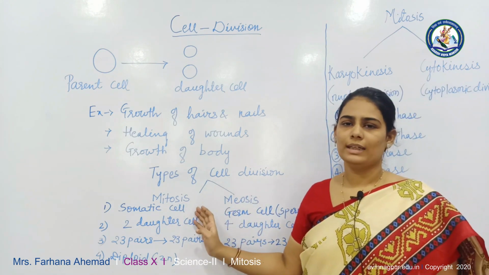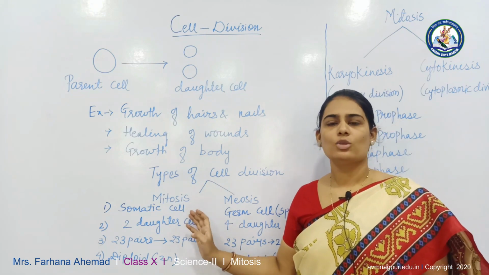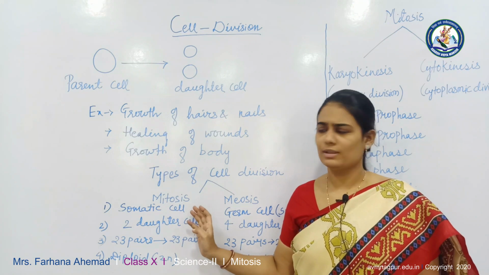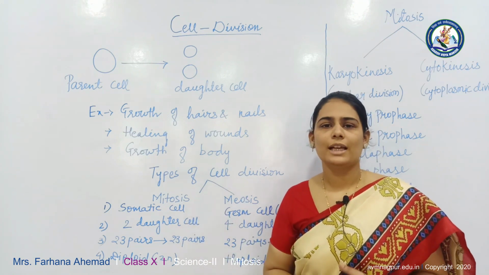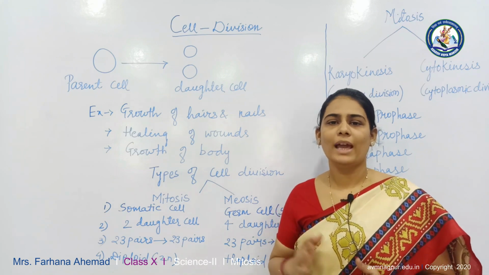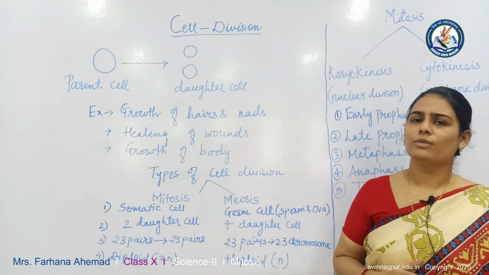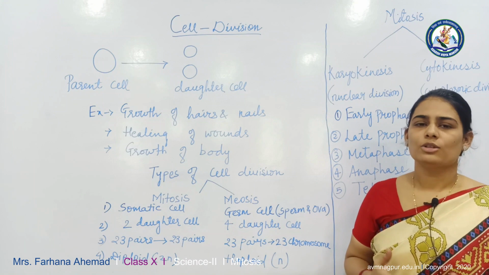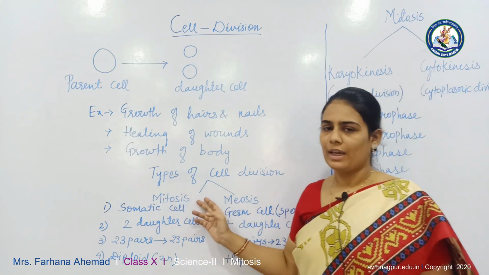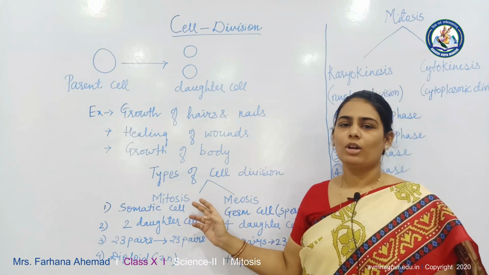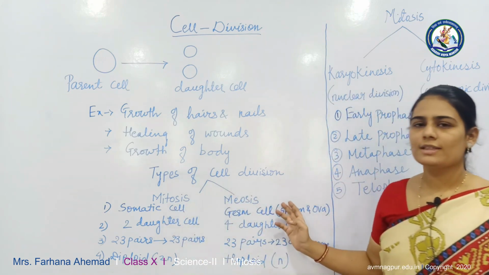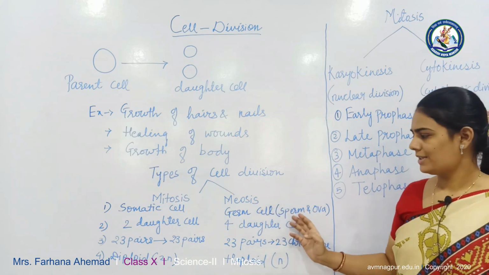The first one is that mitosis occurs in somatic cells. What is the meaning of somatic cell? Somatic cells are the cells of our body from head to toe, that is, cells of the body of animals or human beings. So mitosis, or mitotic division, occurs in somatic cells, and meiosis occurs in germ cells.